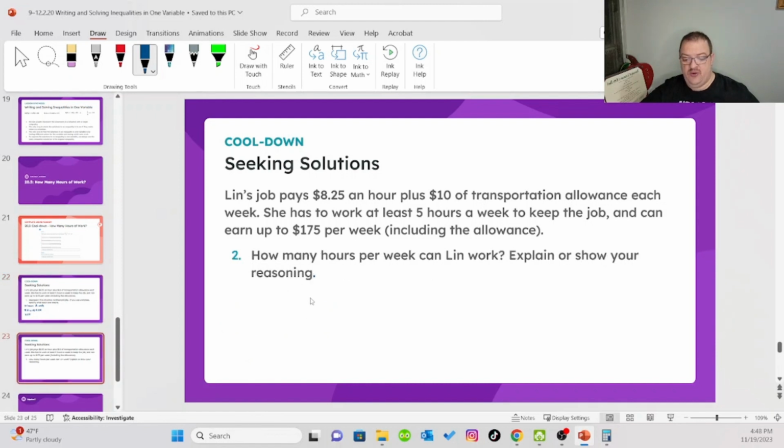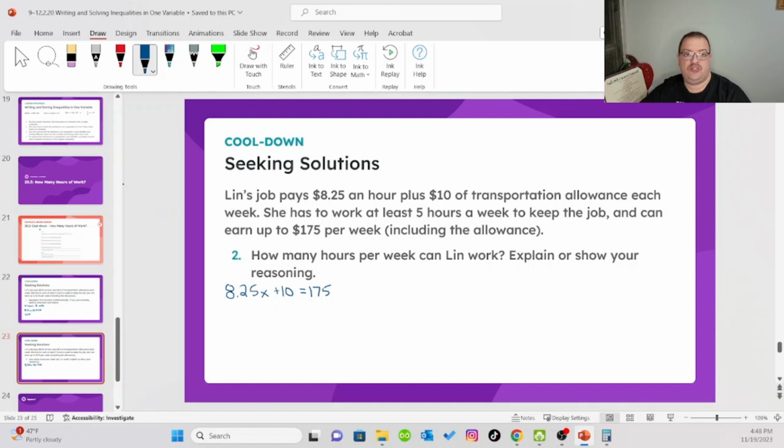How many hours per week can she work? If we use the first inequality that I had, if we wanted to know the maximum that she could work, then we set this equal to $175.